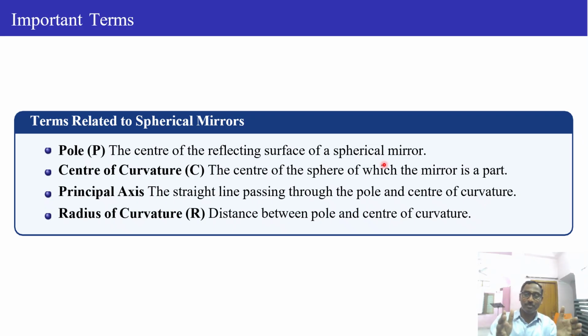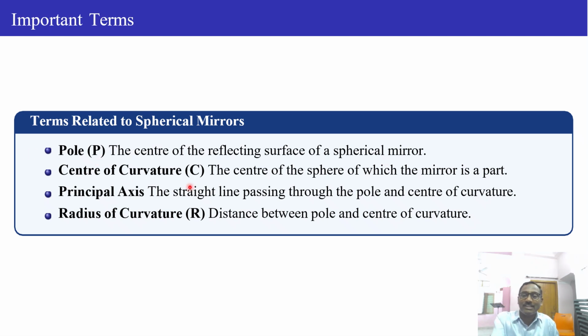If we cut the sphere, we get two parts, one smaller and one bigger. The smaller part we have taken, and the center of that circular mirror is known as pole P.